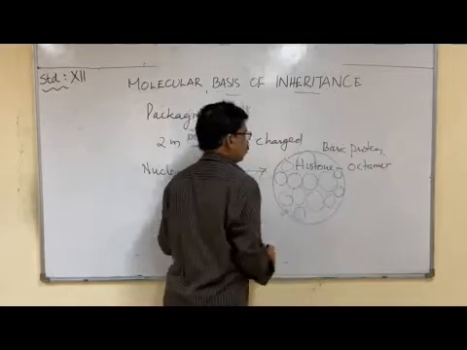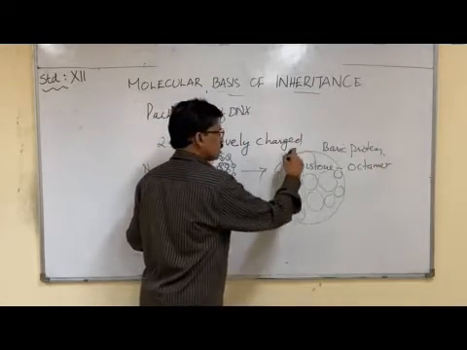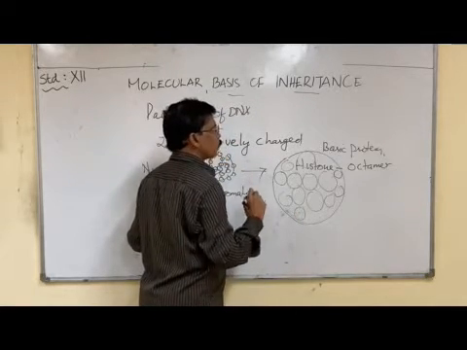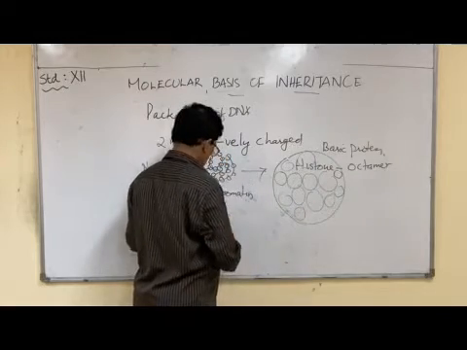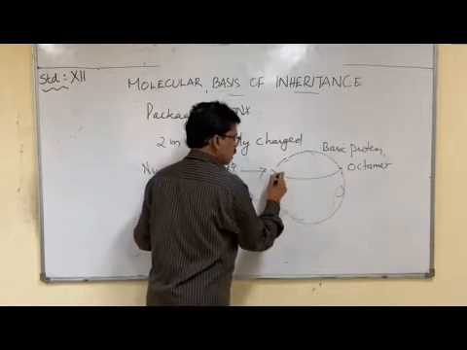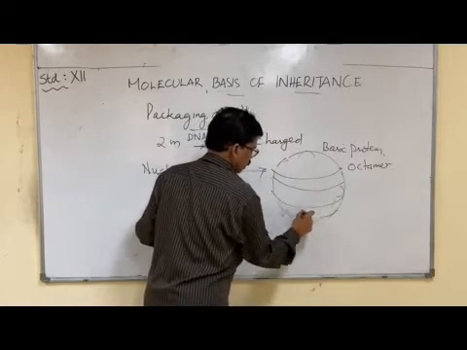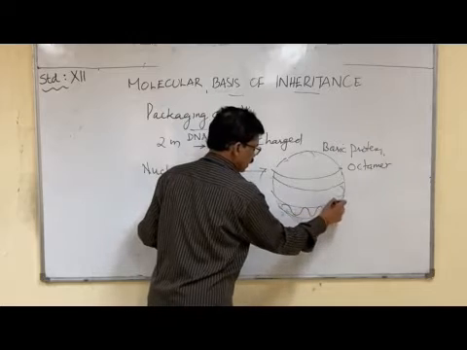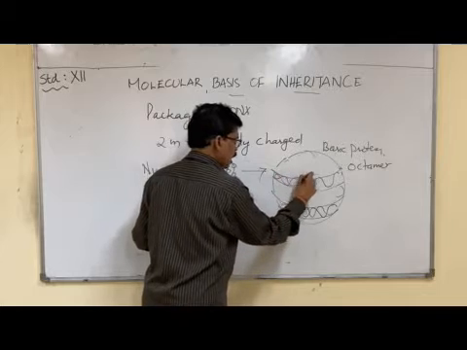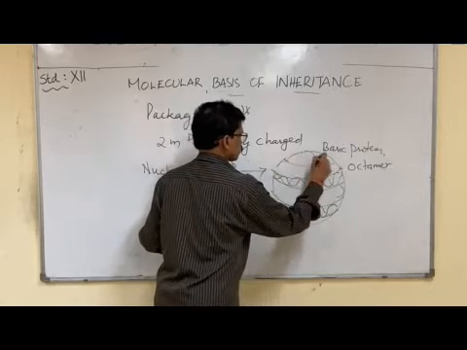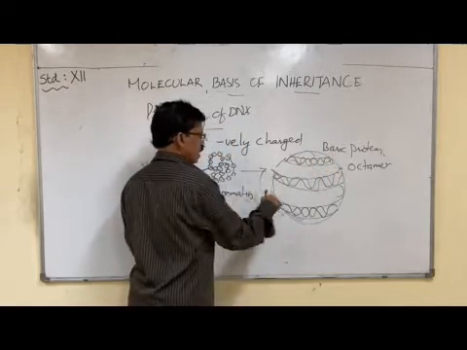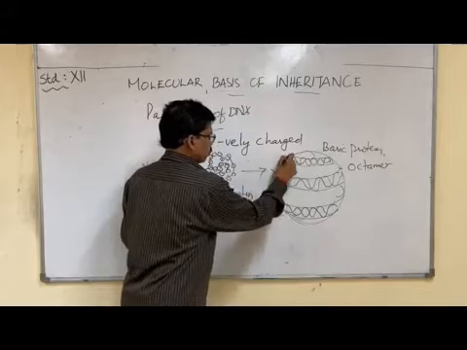So in a nucleosome, there is a central core of histone octamer. Means 8 histone basic proteins are arranged compactly, around which the negatively charged DNA is wrapped. This forms a single nucleosome.